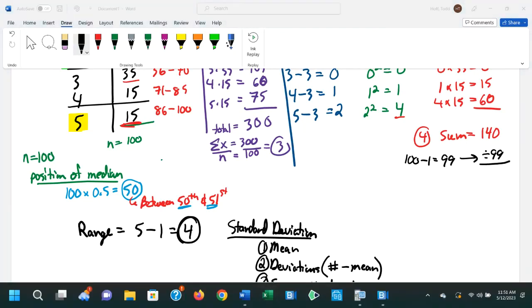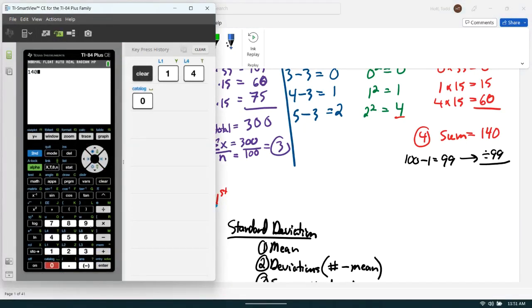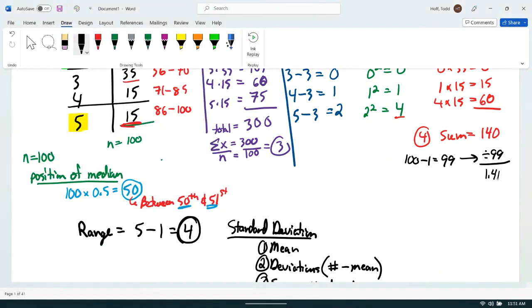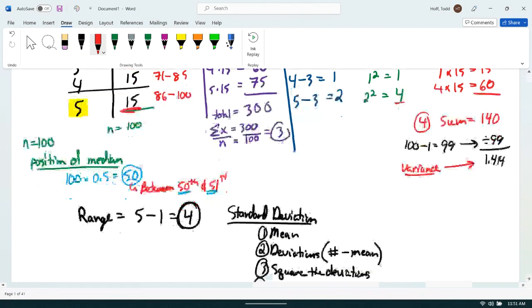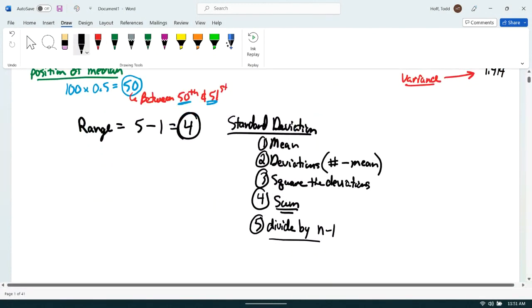So 140 divided by 99 is 1.414. Remember, that had a name. That was the variance. To get the standard deviation, we had to do a last step. That was the square root.